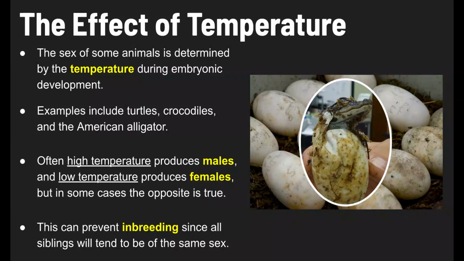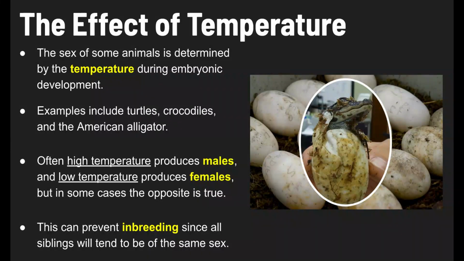Now, why would this kind of temperature-dependent sex determination be useful at all? This would be useful because it can actually prevent inbreeding. Now, why is that? Well, if all the eggs are kept at about the same temperature, then they'll all be of the same sex. And if they're all of the same sex, this actually prevents inbreeding from happening.